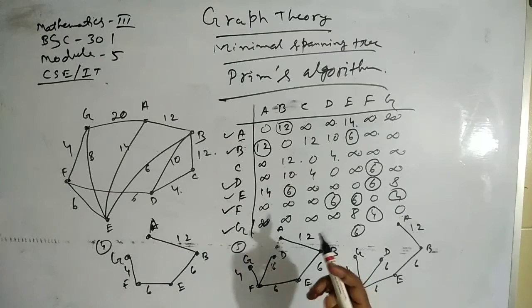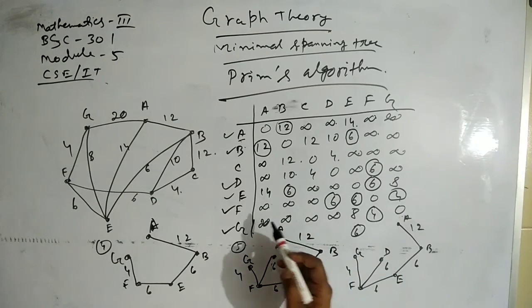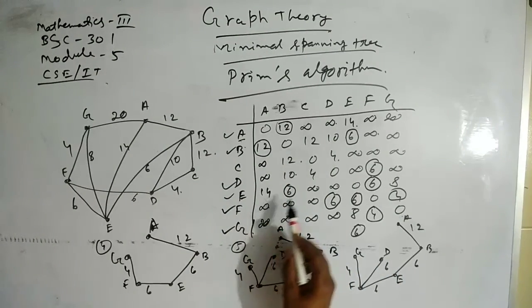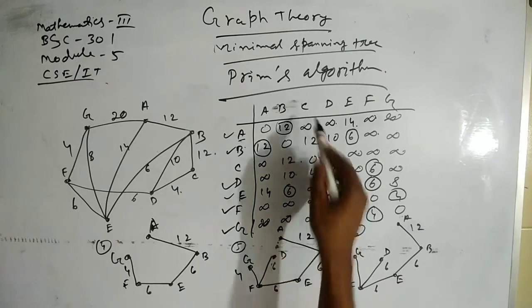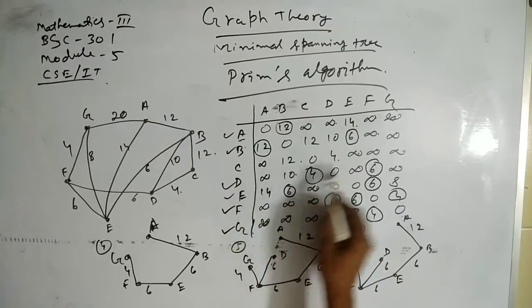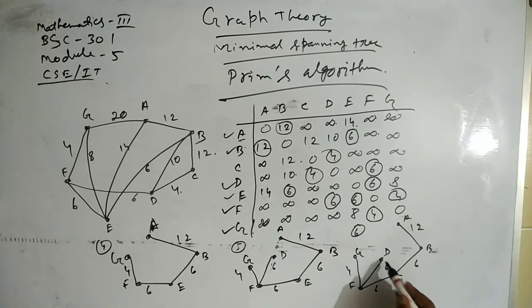Now the minimum weight in these rows is, we can see, this 4, and the edge is DC. So DC means CD. So DC is 4. Now you see that we have got 1, 2, 3, 4, 5, 6 edges and the number of vertices was 7. So we have gotten 6 edges, that is, this is our minimal spanning tree.